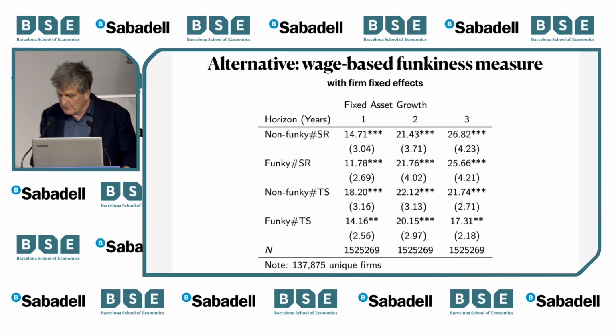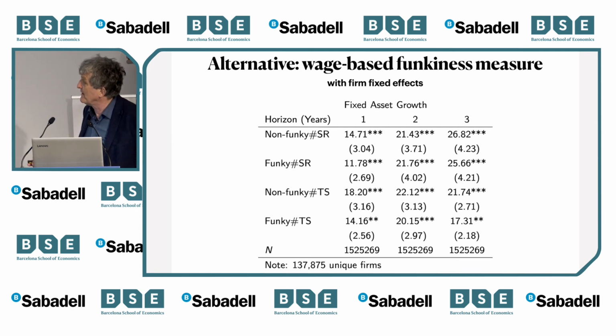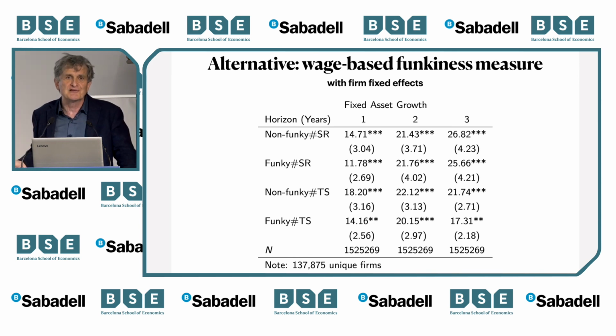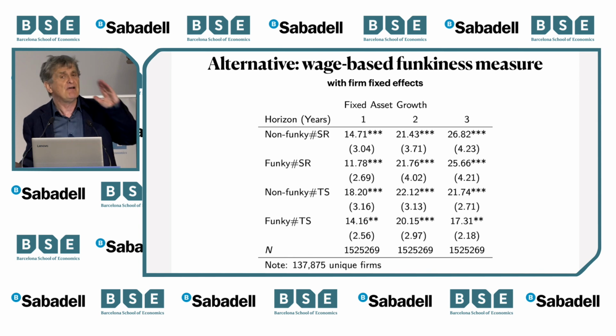By the way, the number of firms here is much bigger, 137,000, because firms are much better at reporting director remuneration, interestingly, and they're pretty good at reporting employee remuneration. They're less good at giving head counts. They're very good at giving the number of directors, but they're very poor at giving the number of workers, employees.